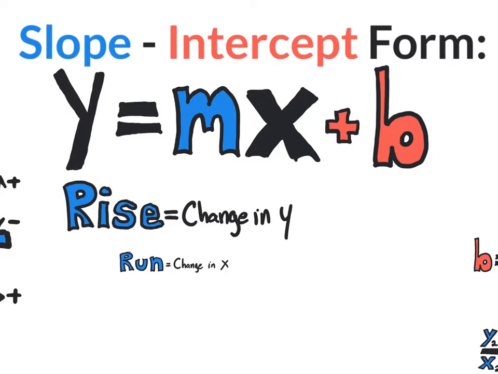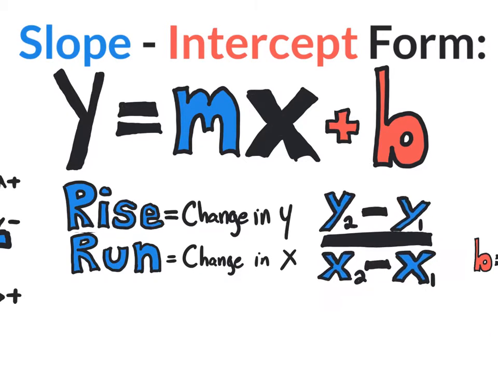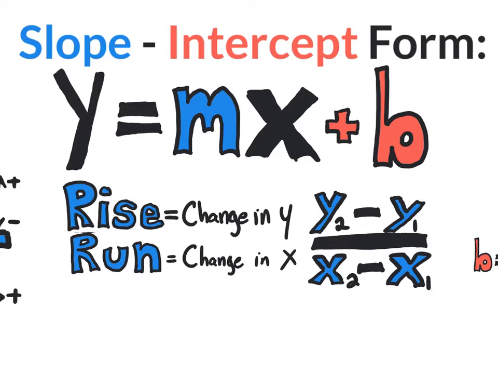The run is the change in x. Okay? So when we think about the change in y, that's really the difference in the y values. And when we're talking about difference in y values, that's really specifically y2 minus y1 over x2 minus x1. So that's what slope is. It's rise over run. Let me put a fraction bar here. Rise over run.